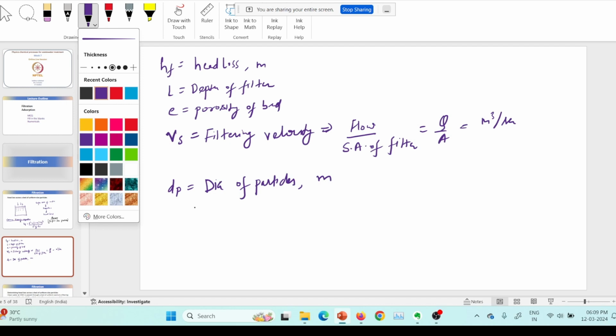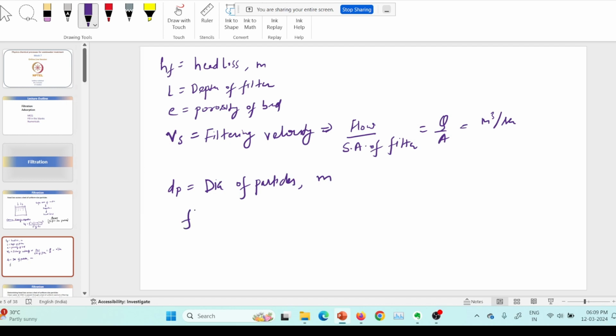In that equation, F' is the friction factor, which is related to the coefficient of drag.